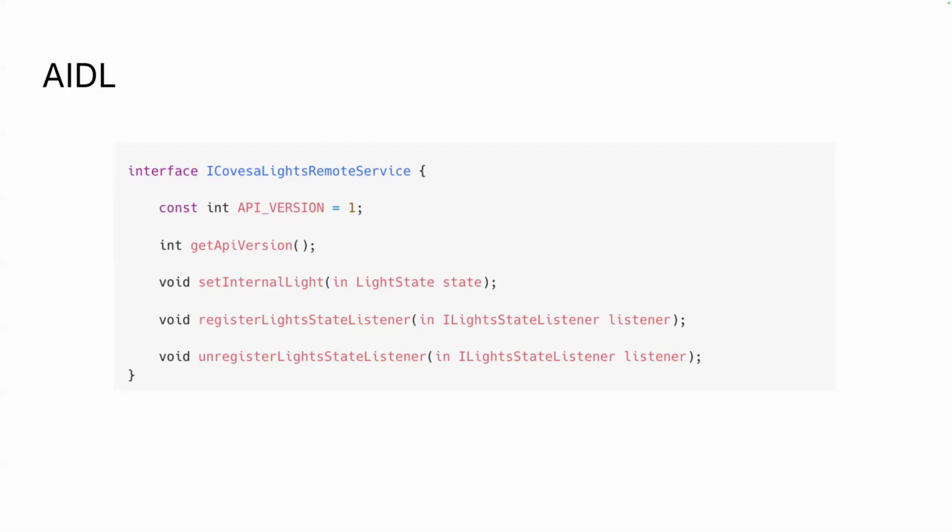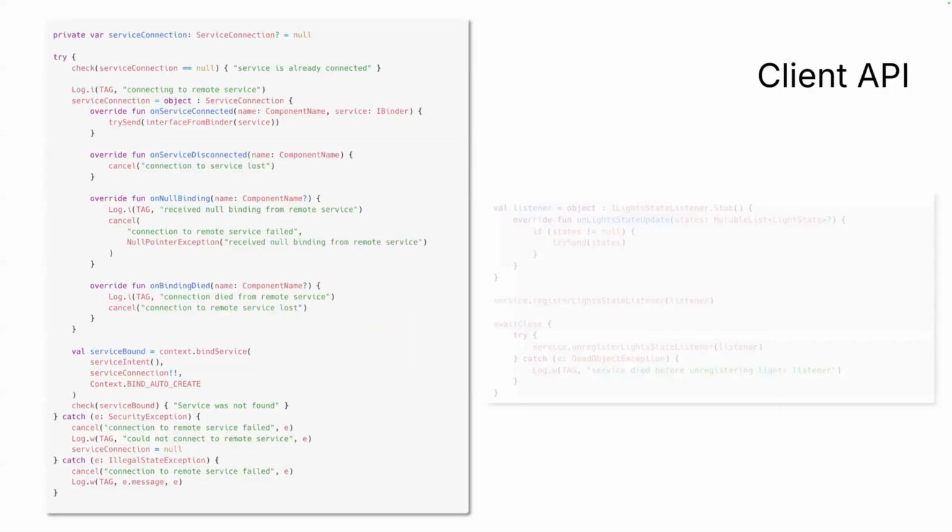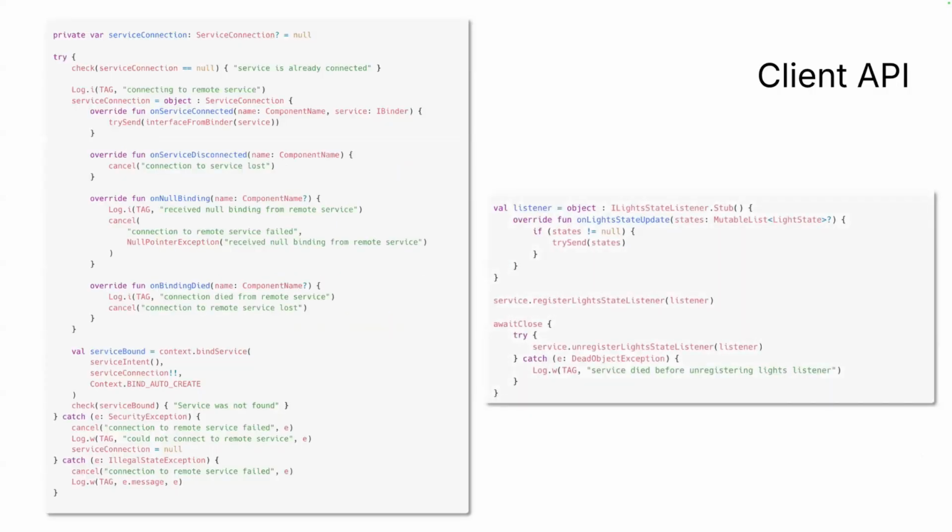AIDL, as I mentioned, is a proven concept. It works. It's powering a lot of services in the Android world, but the API is not great. You need to create a service connection. You need to bind to this service. You need to implement a binder.